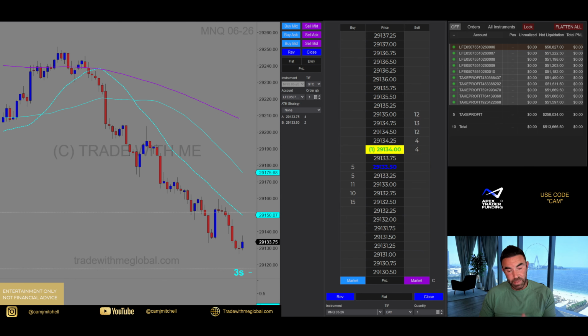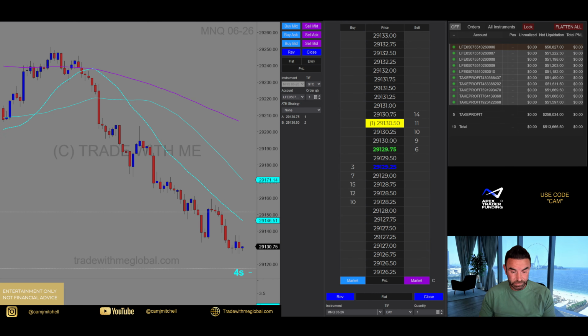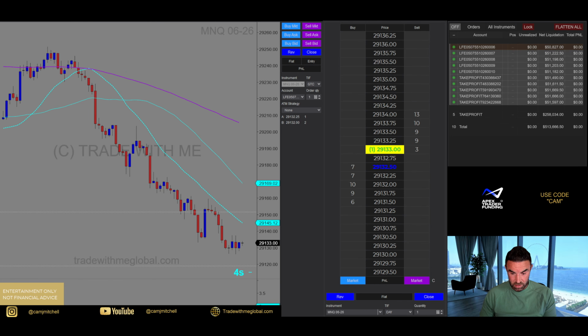This is going to go back up. It'll close strong on the 5. They're going to suck people in to go short. I'm not sure how strong it'll go.